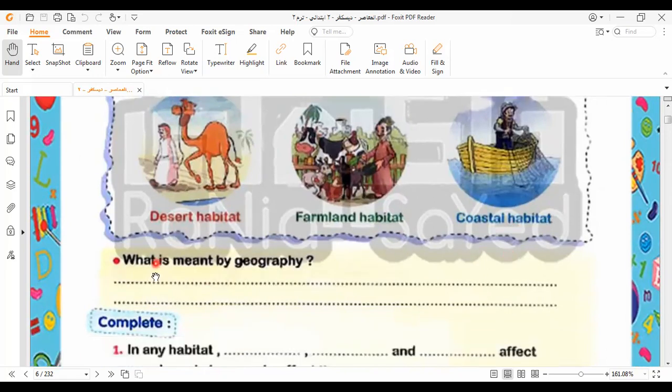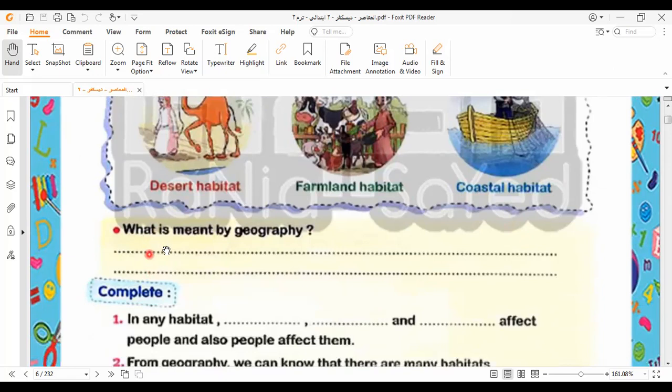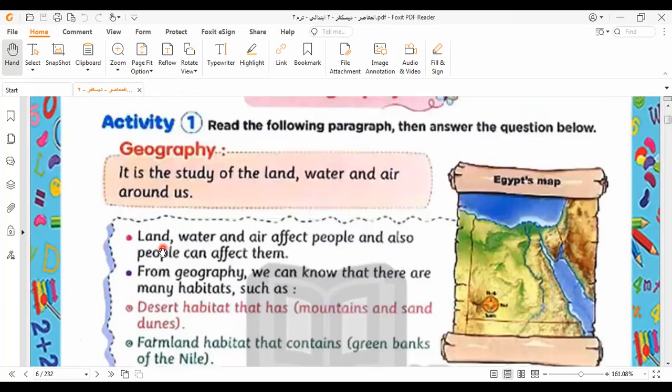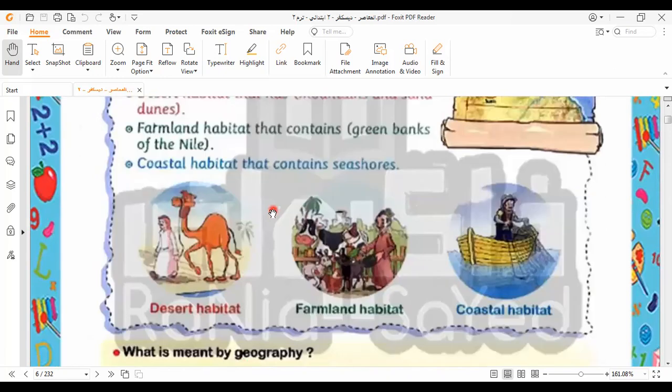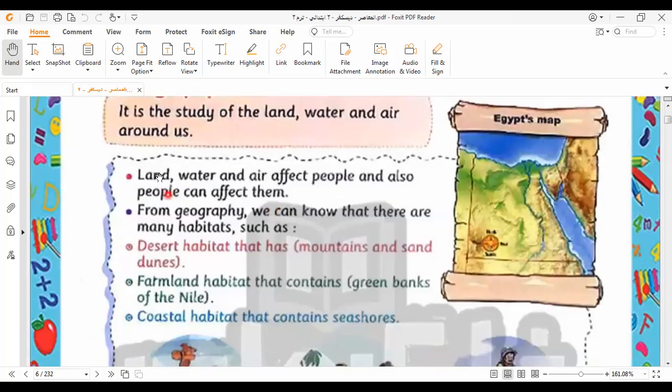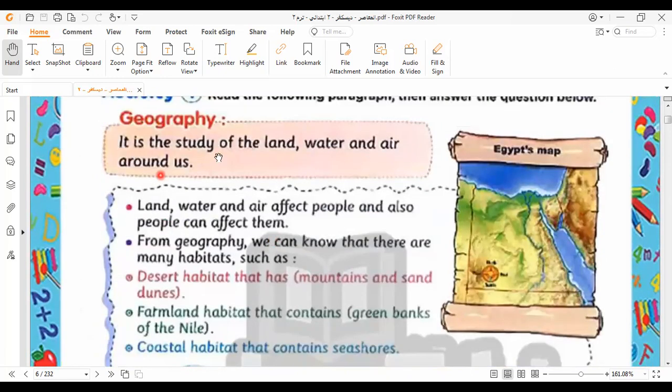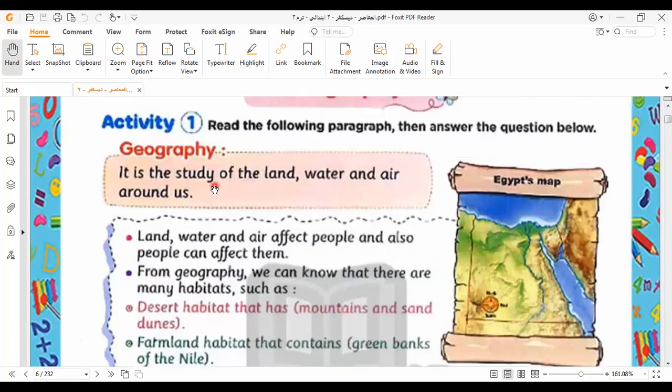So what can we write as the definition of geography that we learned in the last item? Geography is the study of the land, water, and air around us.